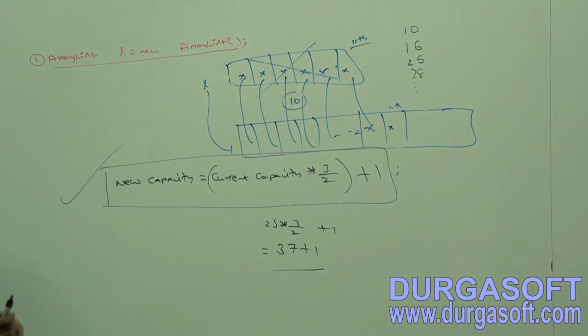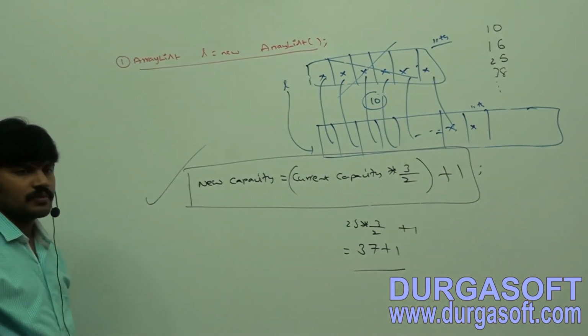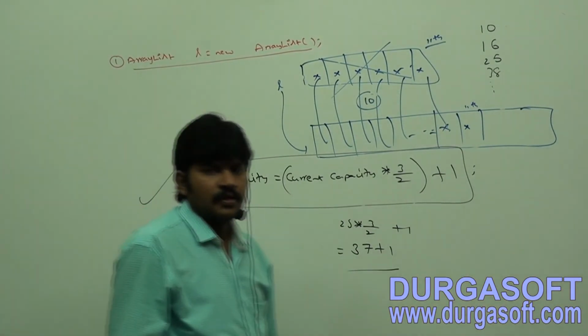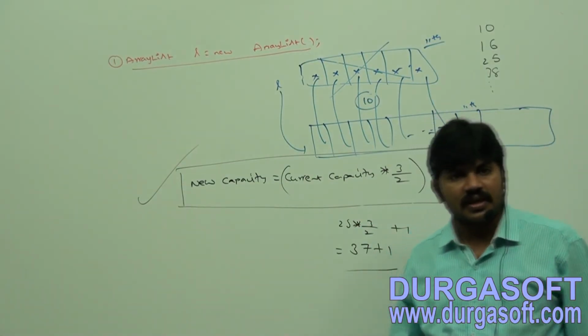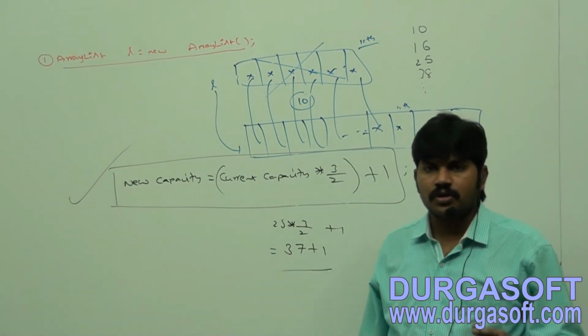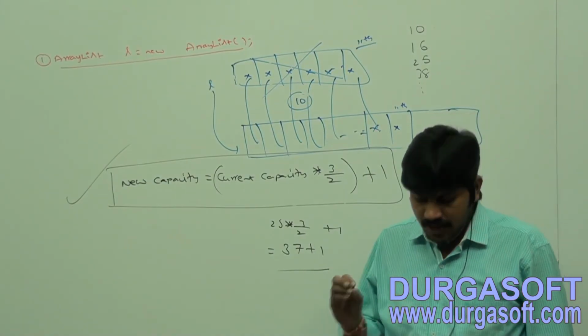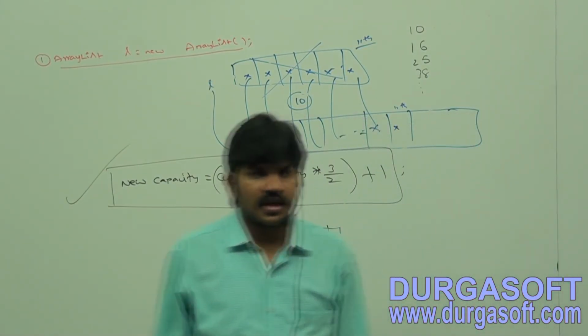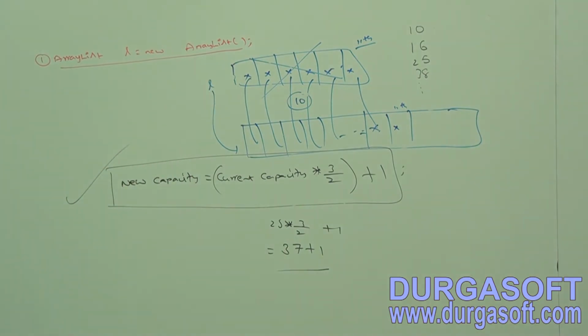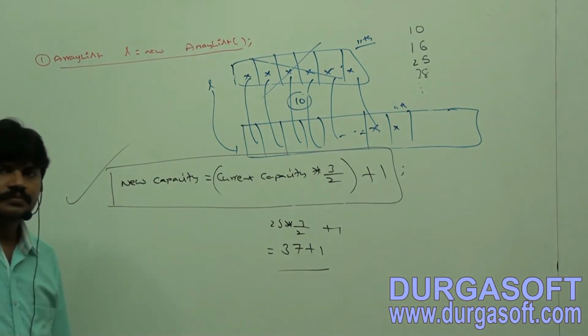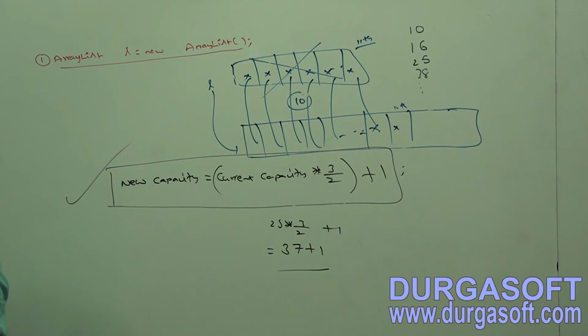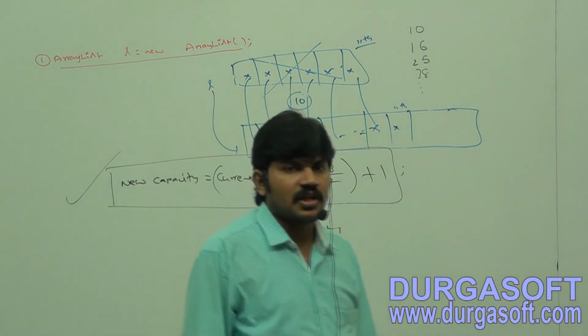ArrayList l = new ArrayList(); that creates an empty ArrayList object with the default initial capacity.